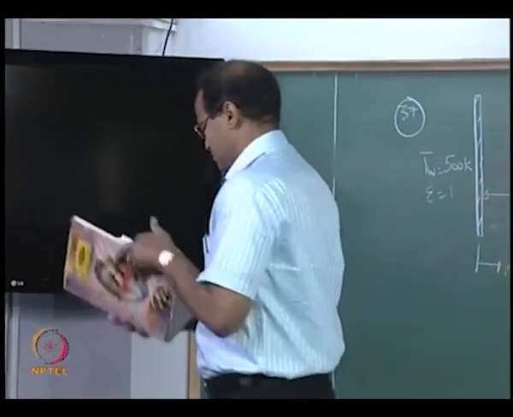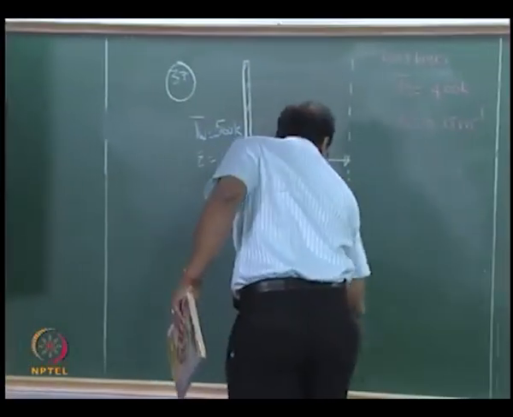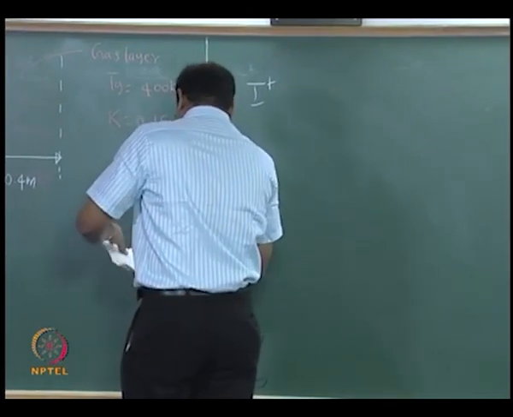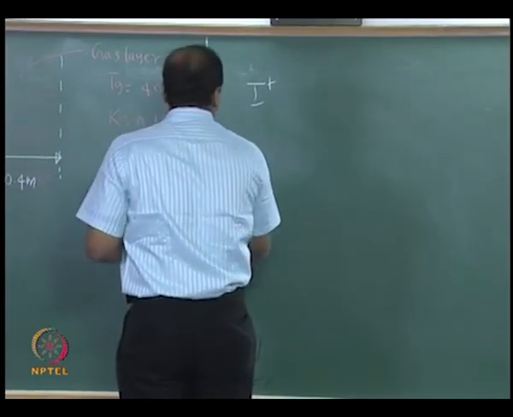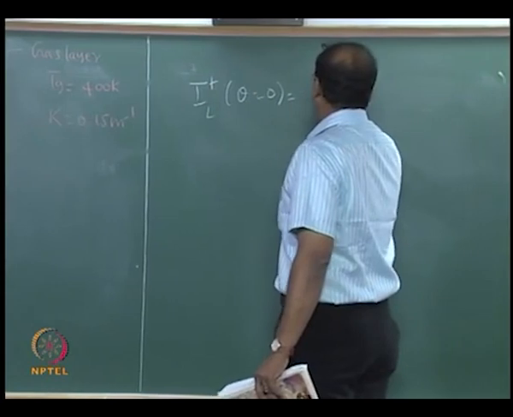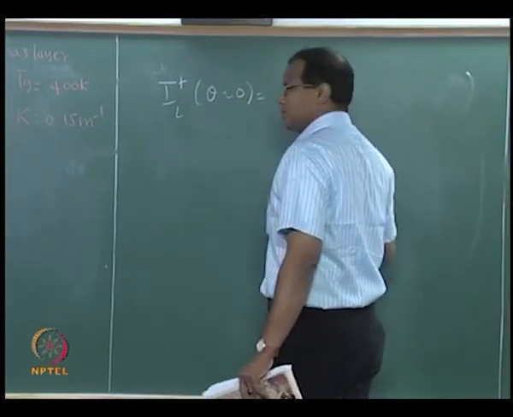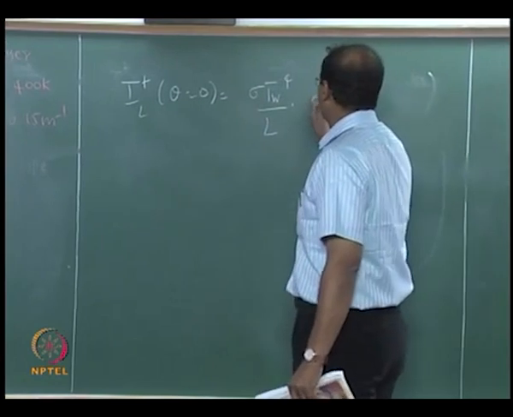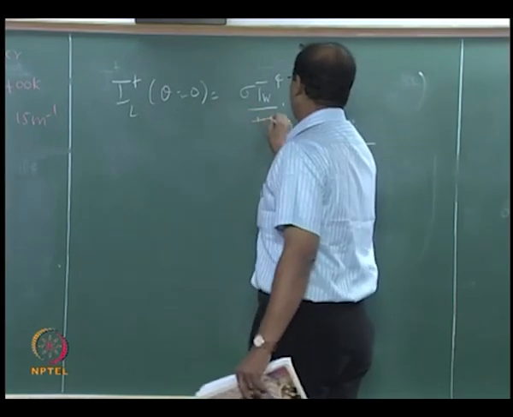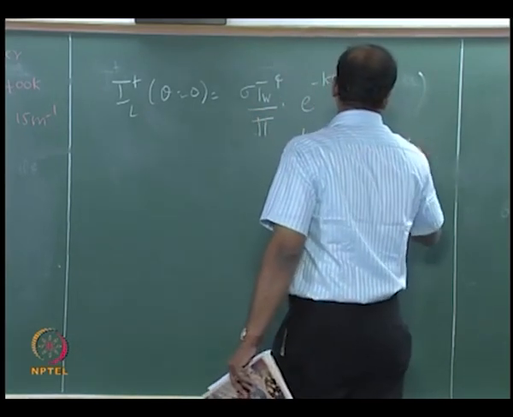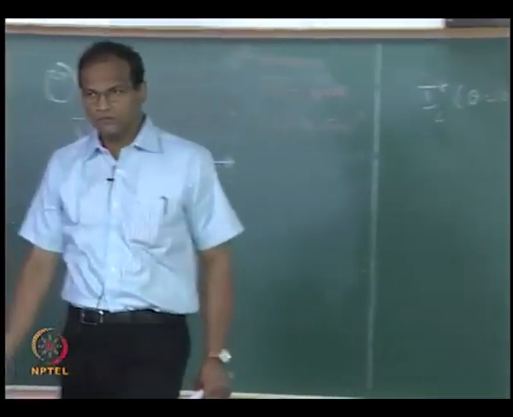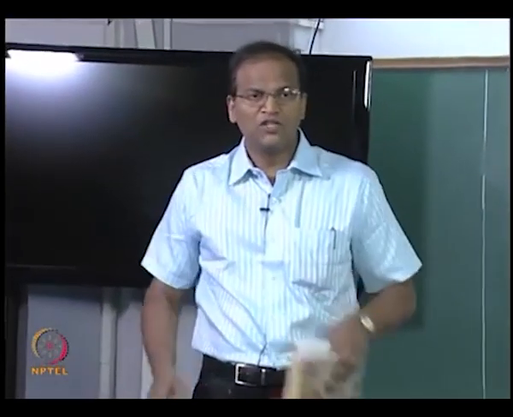Now, we can straight away start getting the solution for theta equal to 0, I plus L sigma e to the power of minus k L.